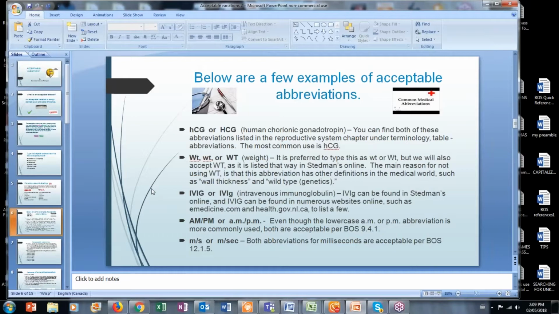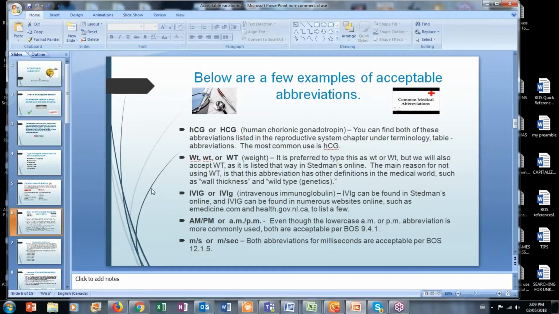IVIg with the lowercase g can be found in Stedman's Online, and all uppercase IVIG can be found on numerous websites online, such as emedicine.com and health.gov.nl.ca, just to list a few.